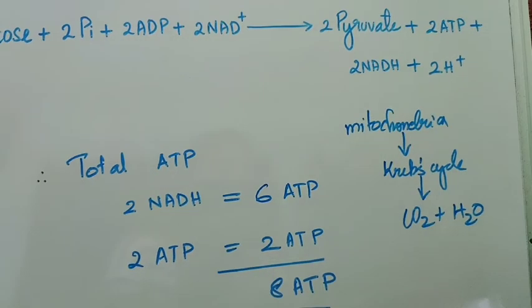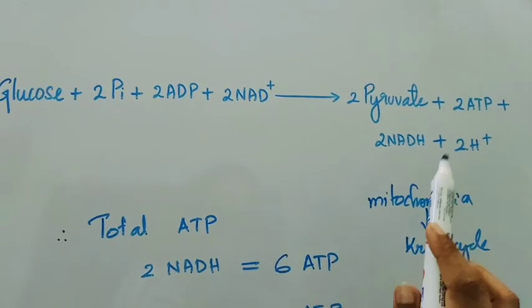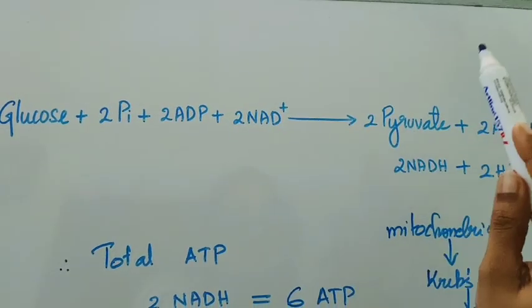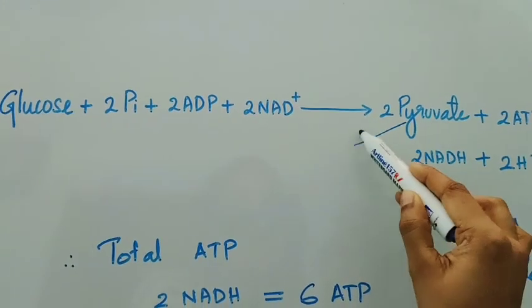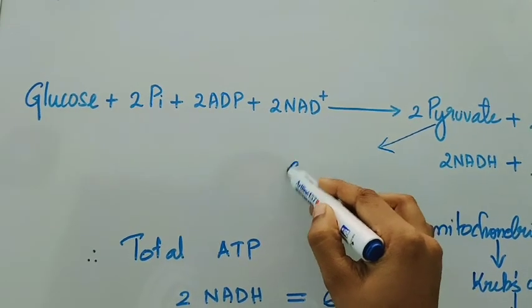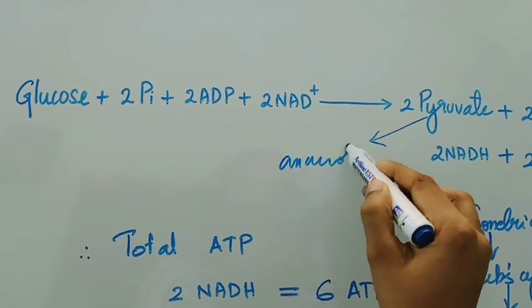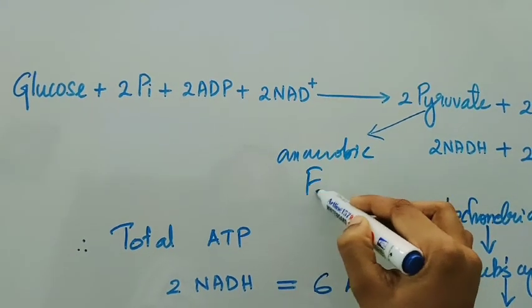Whereas if there is no oxygen present, this pyruvic acid will enter the anaerobic respiration pathway, wherein fermentation takes place.